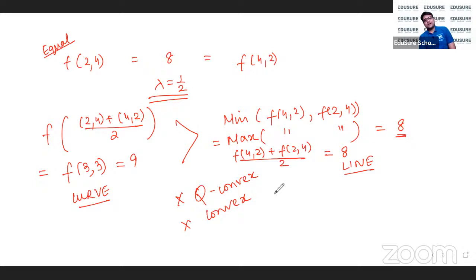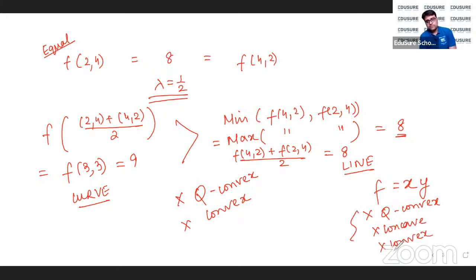So this particular curve x into y is not quasi-convex, not concave, not convex. ओके, खाली एक चीज जो I was not able to eliminate वो है quasi-concave. Answer will be that.